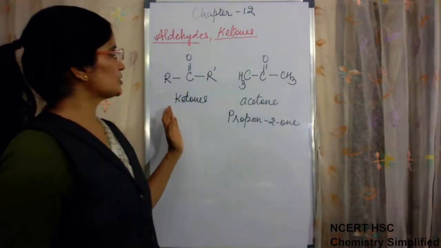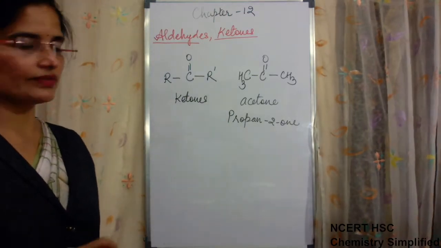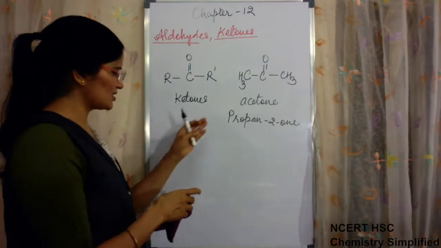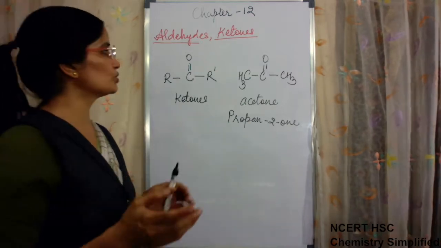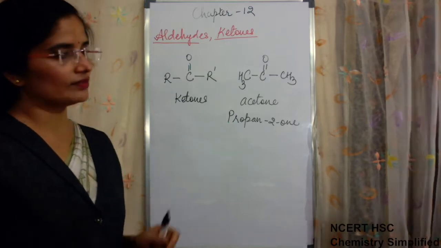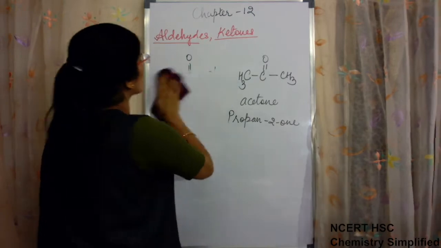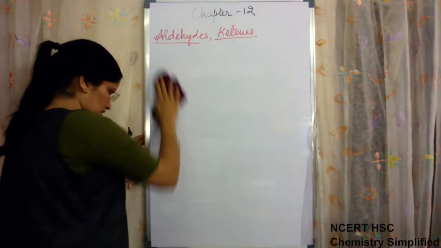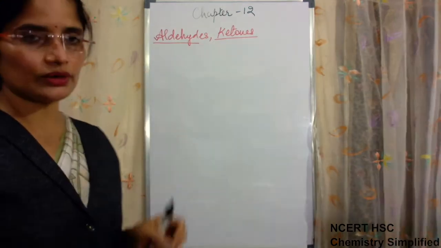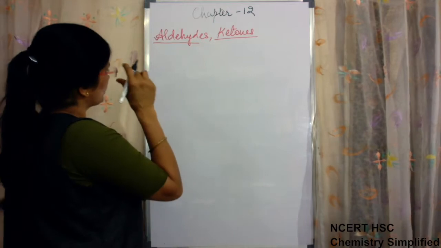Though the nomenclature of aldehydes, ketones and acids we have done in class 11, a little discussion we are taking again. For more details, you have to go through the classification which we have studied in class 11. Now, aldehydes and ketones are more commonly known by their common names rather than their IUPAC names.